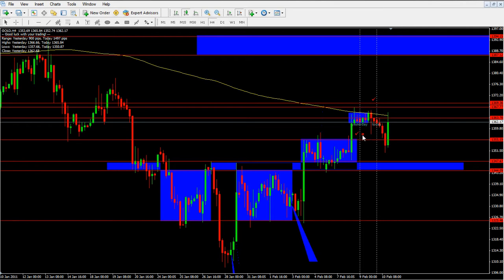So at first I had this stop loss right here, just below the support resistance of this pattern. And after the market moved to the upside, I moved this stop loss to the break-even point.